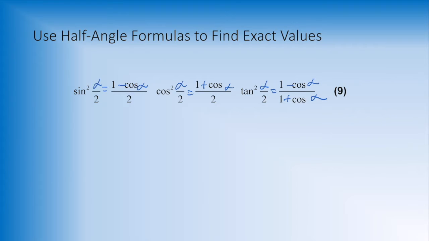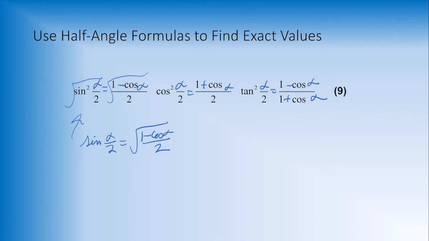So what if I took the square root of both sides? Then that gives us our half angle formulas.